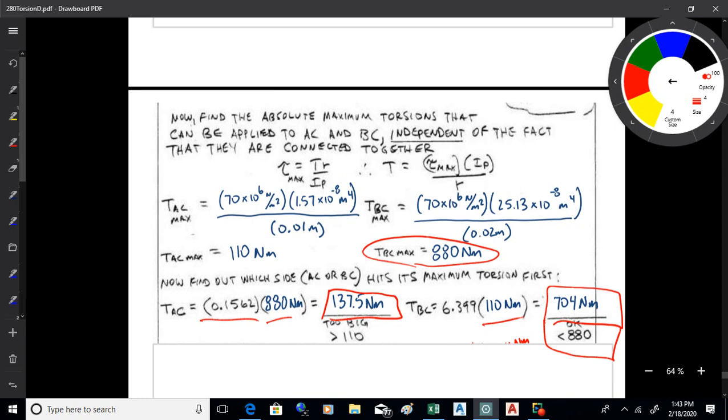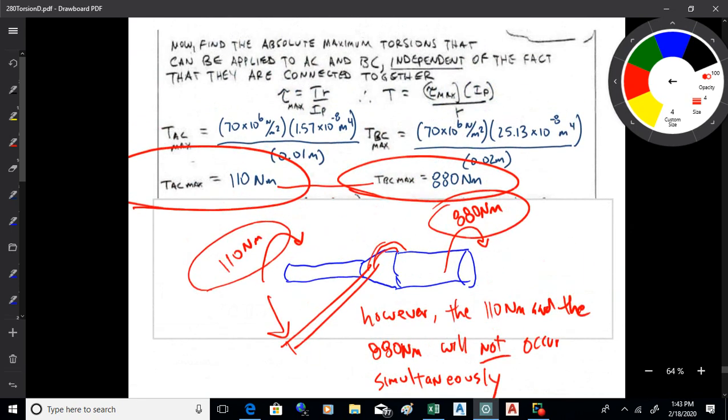So if I start pulling on this wrench that I drew, what's going to happen is this side maxes out first. And when that hits its maximum, the other side isn't 880, it's 704, which is still within tolerance. That's still okay.